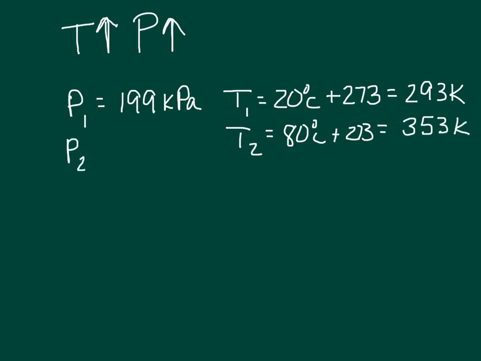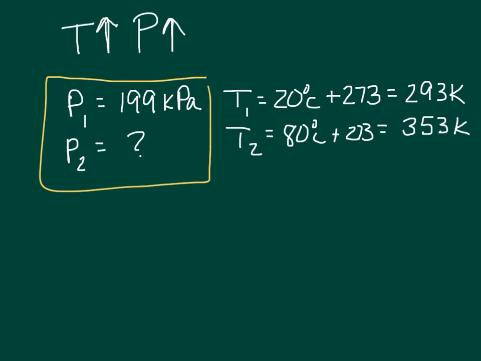We are looking for our second pressure. Alright, so let's set it up. Start with the variable that you're looking for. So 199 kilopascals. And unless the problem asks you to convert it to another pressure unit, you don't really have to worry about that. Multiply it by a factor.